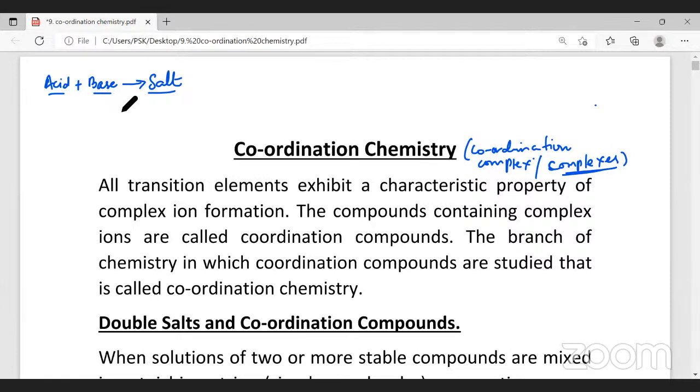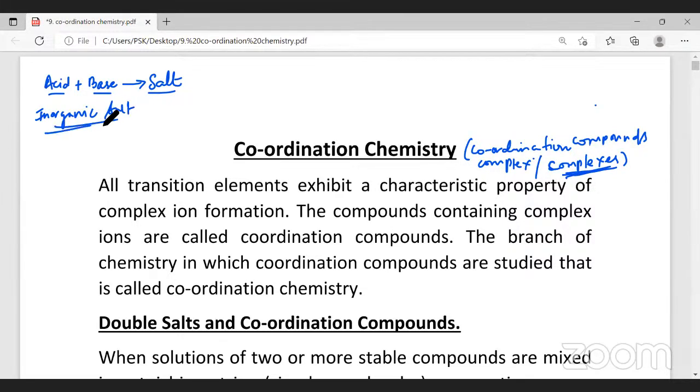I started with the reaction acid and base gives you salt, and we're talking about coordination compounds, or complexes. The understanding is that these coordination compounds or complexes are also an inorganic salt.